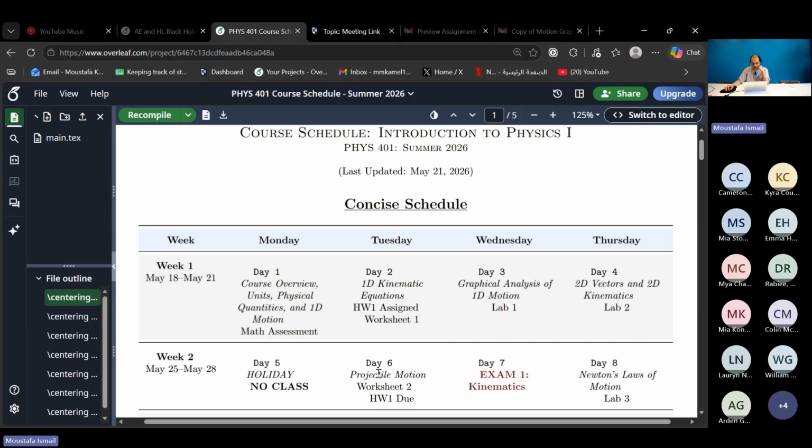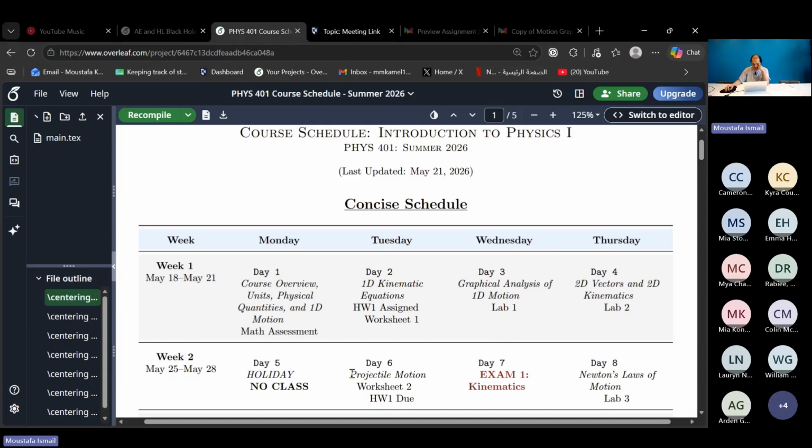And the exam was on Tuesday, but I thought that would be too rushed because we wouldn't have enough time to cover 2D vectors and 2D kinematics and projectile motion in one day and then take the exam. So I pushed the exam to Wednesday because Wednesday is a 2-hour class, so it's a good day to just have the exam and nothing else.